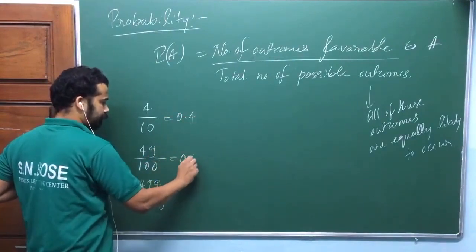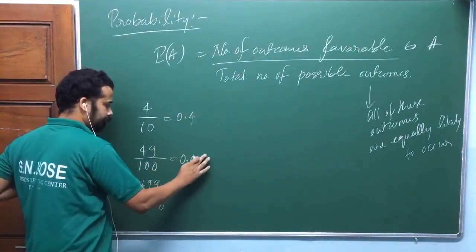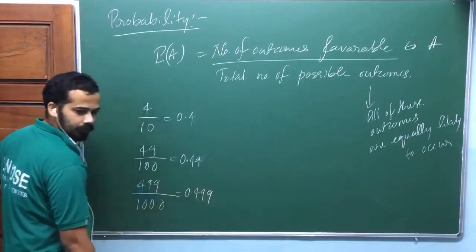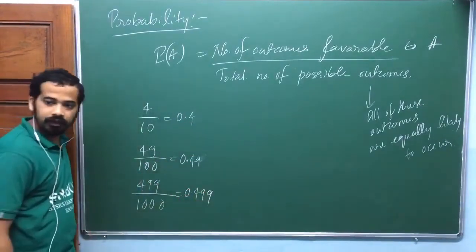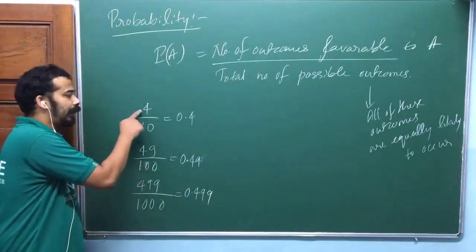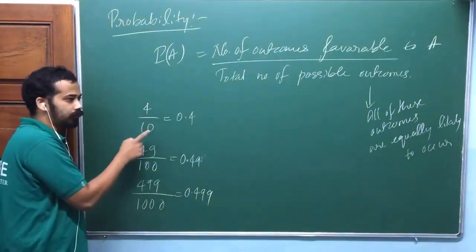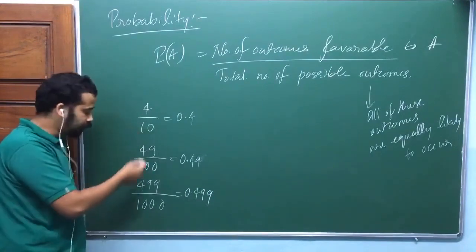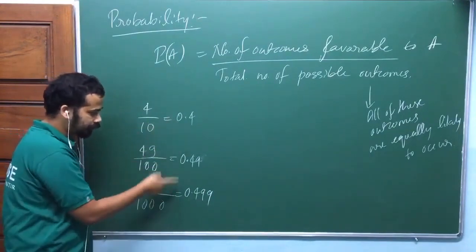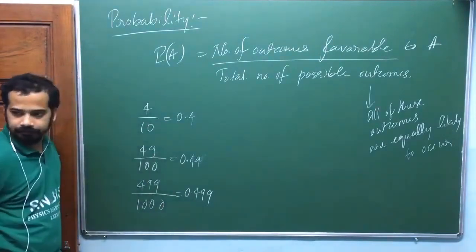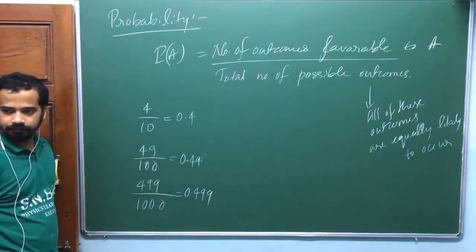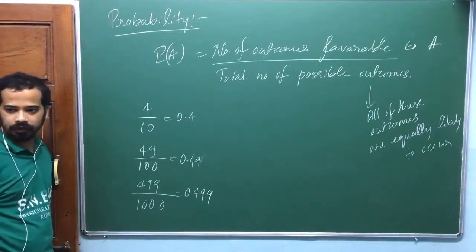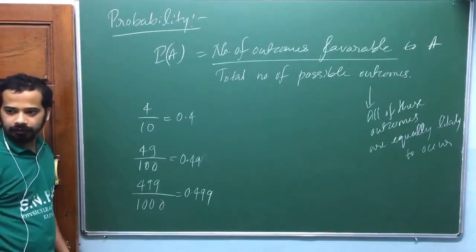What is this value? Even though I have taken the number of heads to be 1 less than the number of tails, when you take more trials, this value tends to 0.5: 0.4, 0.49, 0.499, 0.4999. Are you getting my point?